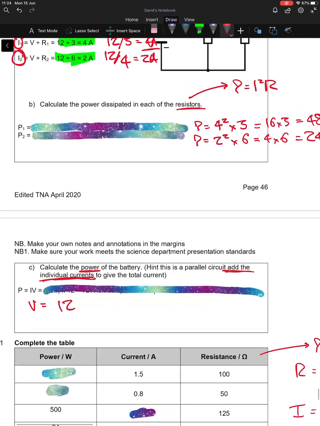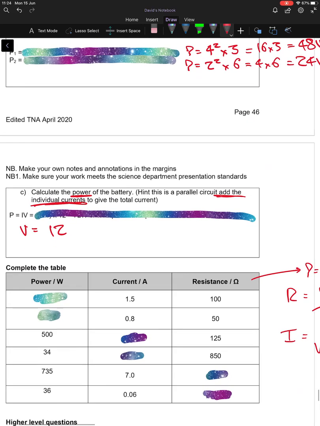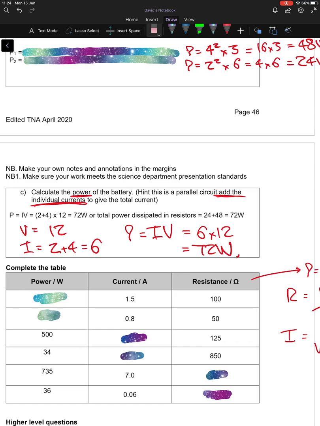Add the individual currents. So what are our individual currents? 2 and 4, aren't they? So I equals 2 plus 4 equals 6. So P equals I times V, equals 6 times 12. Gives you 72 watts.